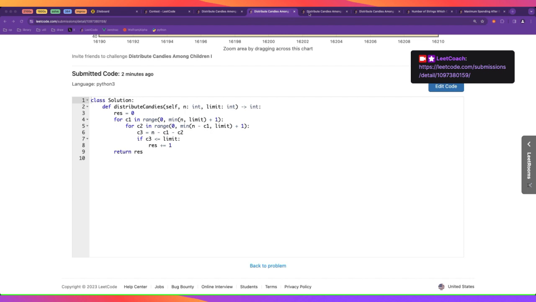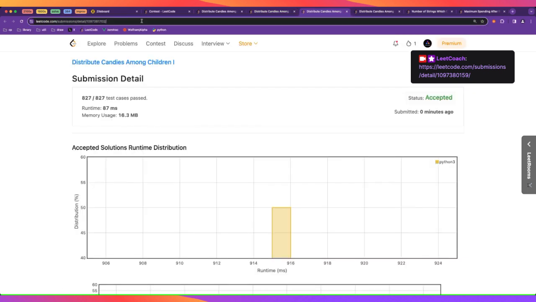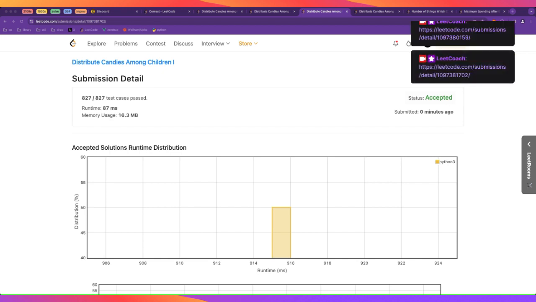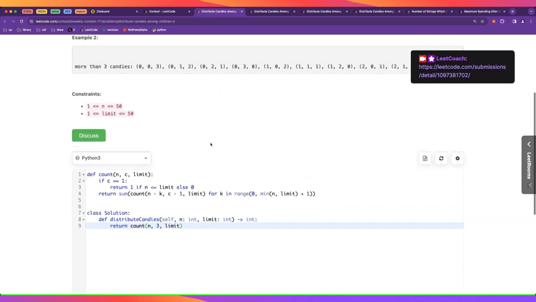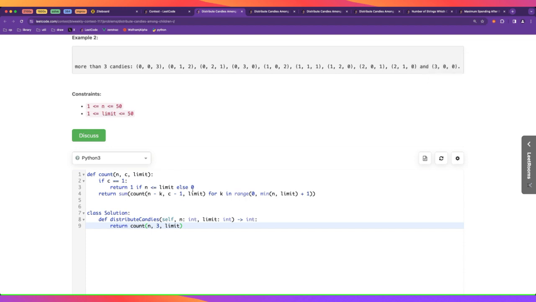So this is the iterative, and this is the recursive. Notice that this is a kind of backtracking. If you think we're doing a brute force, we're considering all the possibilities. We're not caching because it's not necessary.